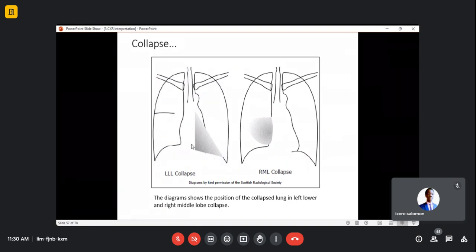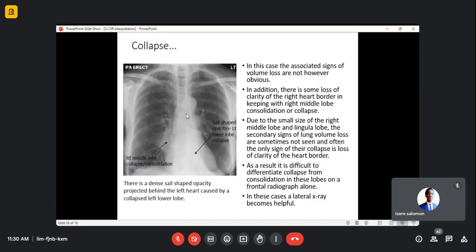That's a predictable fashion. And remember, for the collapse, they are homogeneous opacities in most of the cases. It is more dense, more opaque, and homogeneous than even the heart. Maybe it is because of superimposition. They are superimposed with the heart, but it's a homogeneous, well-defined opacity, okay?